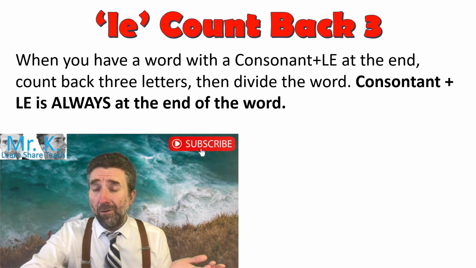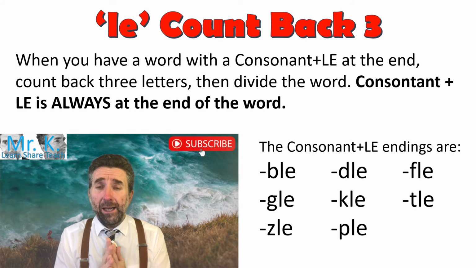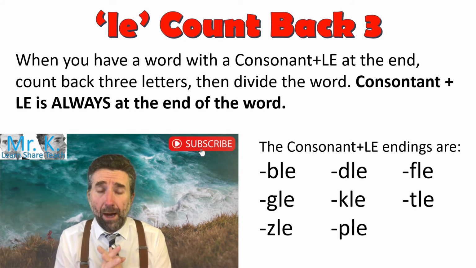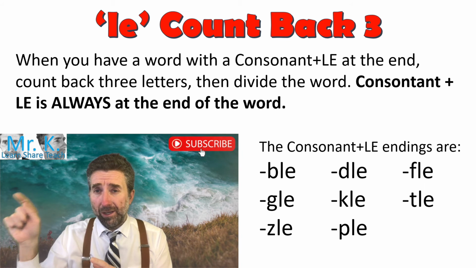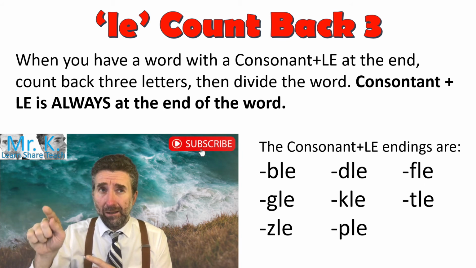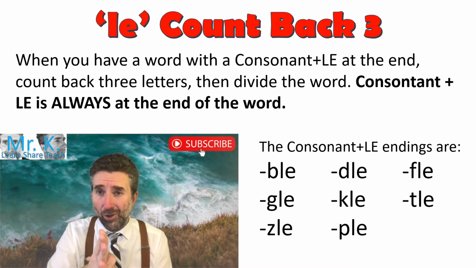An example of consonant LE combinations is BLE. If you came up against the word bubble, B-U-B-B-L-E, you would split it LE, count back 3. You get to the E, count back 3: E, L, B, and then split between the two B's in bubble.